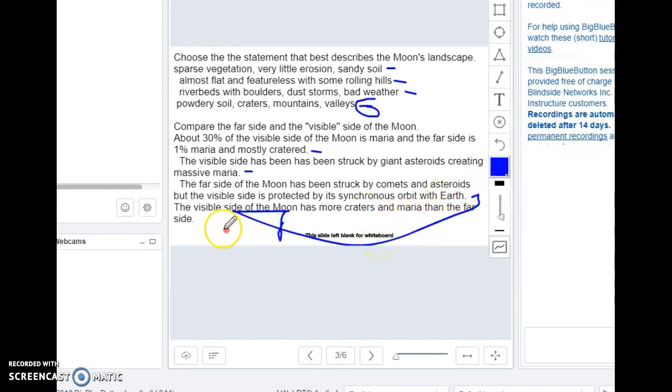The visible side of the moon has more craters and Maria than the far side. All right, so if you're looking at these options, it's this first one here. About 30% of the visible side of the moon is Maria, and the far side is 1% Maria and mostly cratered.